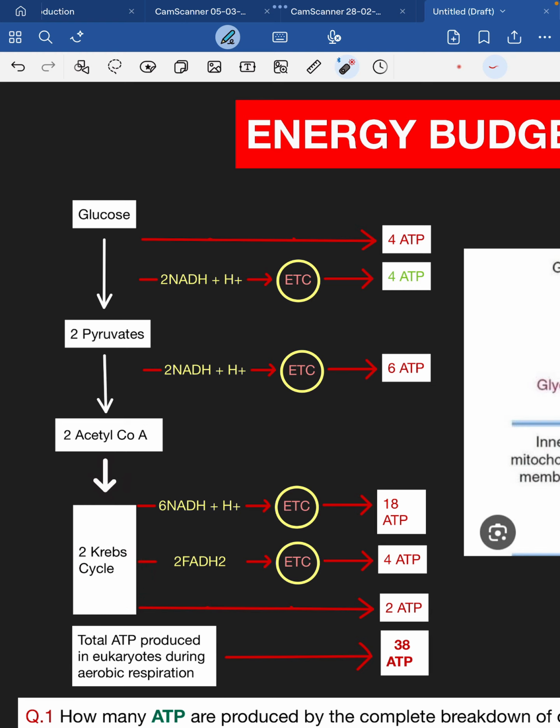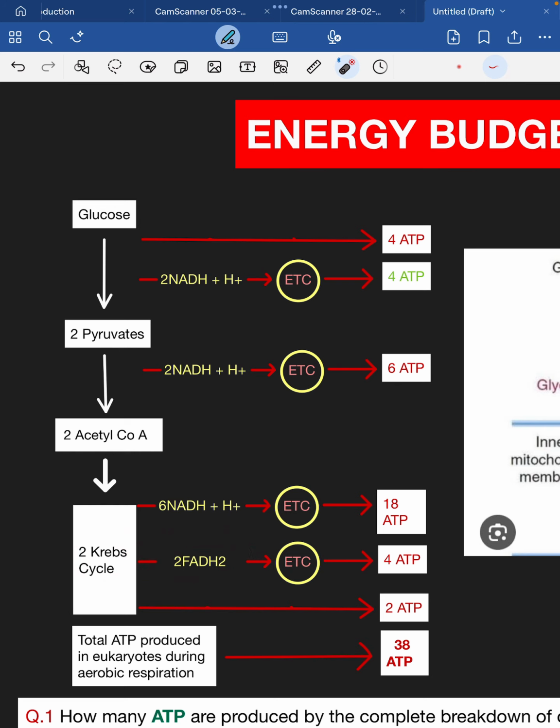In 1 Krebs cycle, 3 NADH molecules are produced, but in two Krebs cycles 6 NADH molecules are produced. Now 1 NADH gives 3 ATP, so 6 NADH will give 18 ATP; 6 times 3 is equal to 18. In one Krebs cycle, one FADH2 molecule is produced, and in two Krebs cycles, two FADH2 molecules are produced.